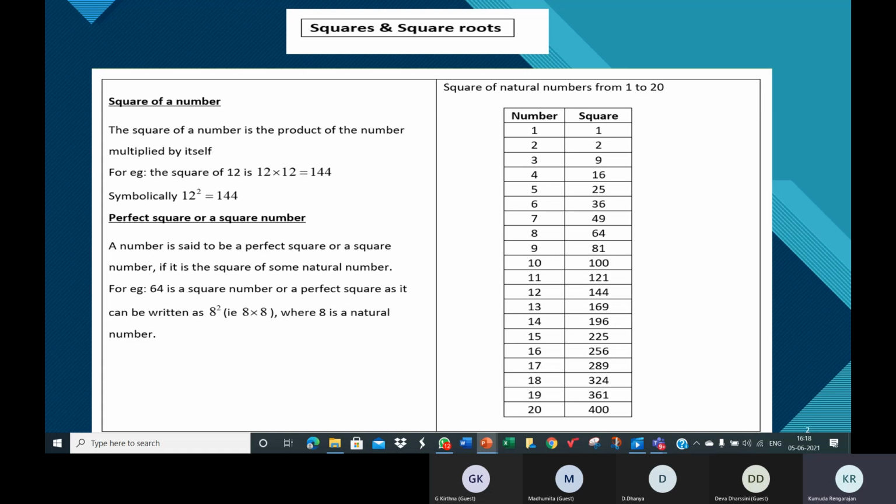The given number has 4 digits after the decimal point, which means it has 4 decimal places. When you multiply this number with itself, the product should have 8 decimal places. 4 plus 4, 8 decimal places, which means after the decimal point, you must have 8 digits.